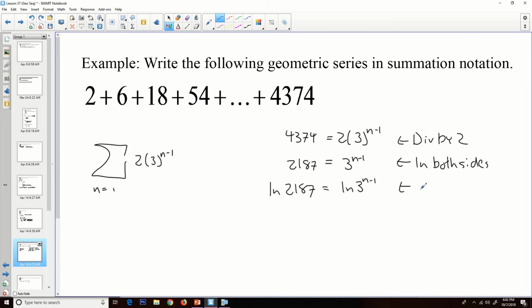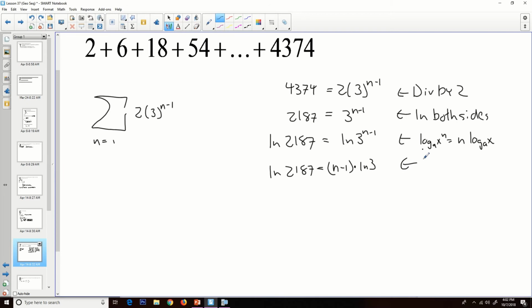You got to remember, log base a of x to the n is equal, you can bring the n down in front, n log base a of x. And so I'll have ln of 2187 equals n minus 1, and this is a quantity now, times the ln of 3. And so we're dividing by the ln of 3.